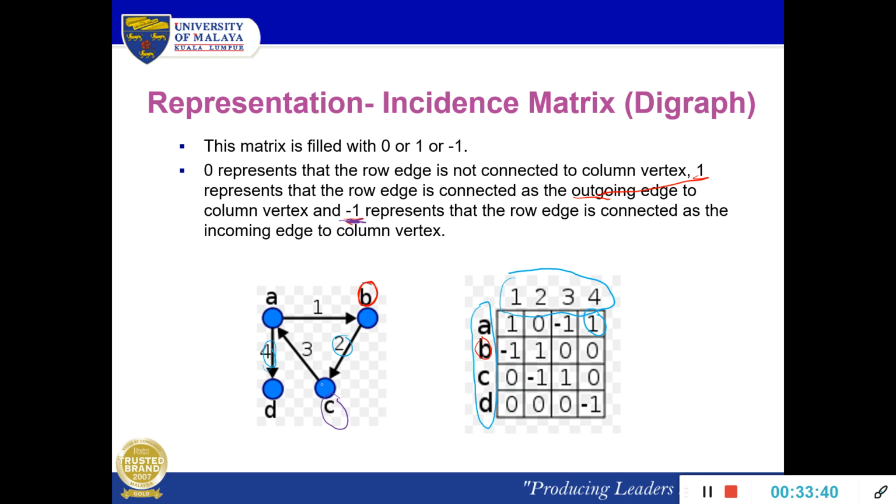Yes. Outgoing or incoming? It is outgoing, so you put 1. C and edge 3 is outgoing, and so on. So it's a little bit more work you have to do for the directed graph or digraph.